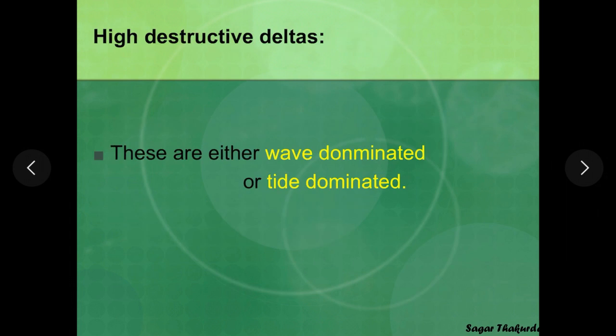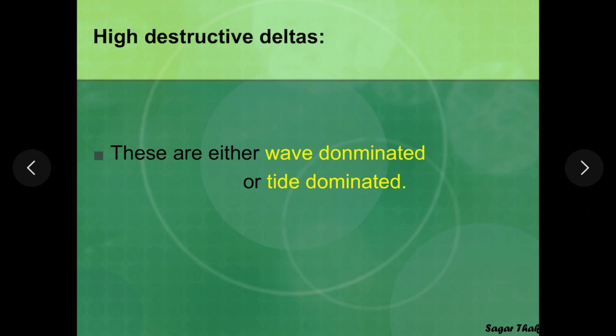Next is the high destructive delta, as against high constructive deltas. In these deltas the fluvial facies are not very well preserved. These are marine influenced deltas, therefore you get to see marine influenced facies, for example tidal flats, barrier bars, lagoons.